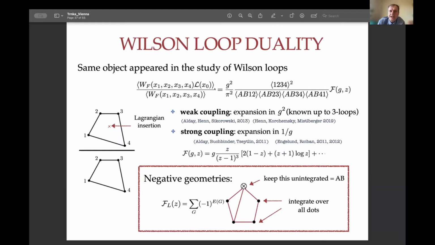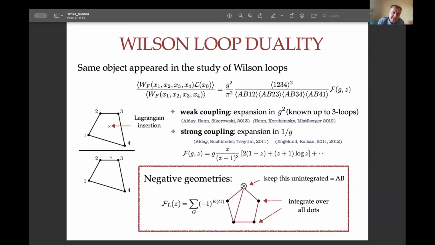And the ratio of these Wilson loop is some prefactor, which we would call leading singularity. For 4-point, it is just a 4-point one loop integrand in this AB variable. For higher points, it would be more interesting. And this is multiplied by this f function, which is the function that we just introduced, function with the uniform transcendentality at each loop order.